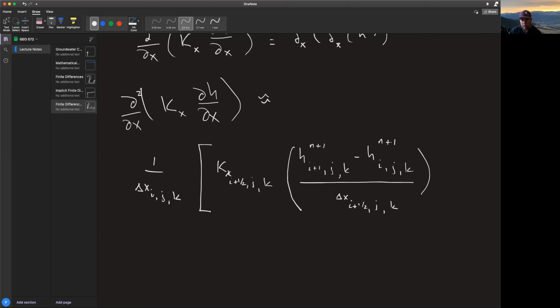All right, so that's the first term in this difference. And now I need to subtract the second term. So this is all still within these brackets.